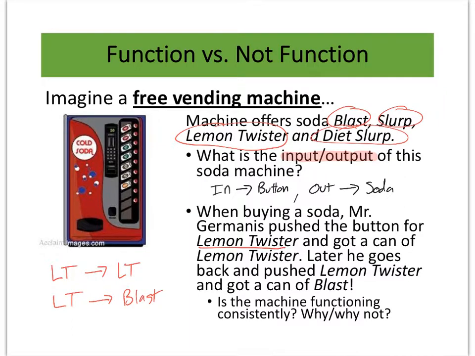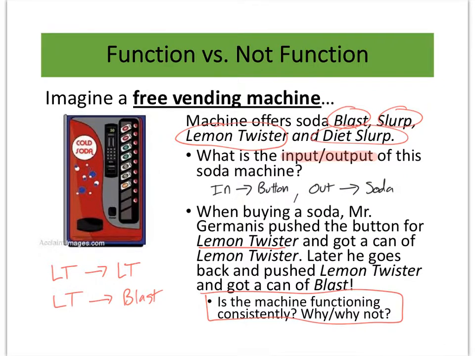I'm going to ask you the question, is this machine functioning consistently? And I use the word consistently very carefully. I'm not asking if it's functioning correctly. I'm asking if it's functioning consistently. Well, no, this is not functioning consistently.